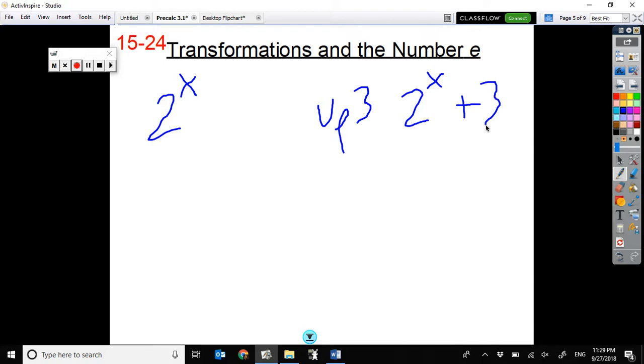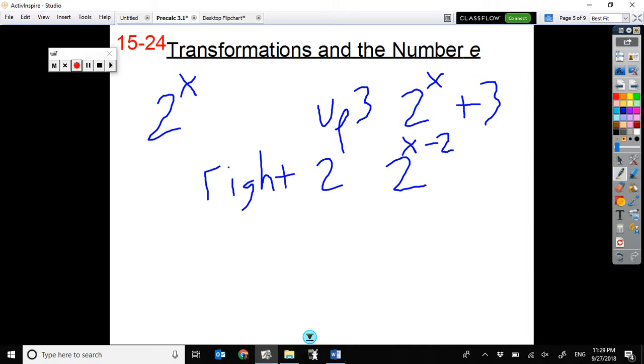If I want to shift it right, we'll say 2, then it becomes 2, and then remember left and right is inside where the x is, so it's going to be x minus 2, because we know left and right are backwards.